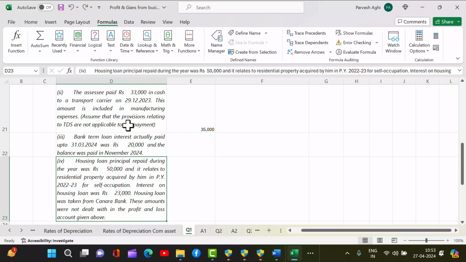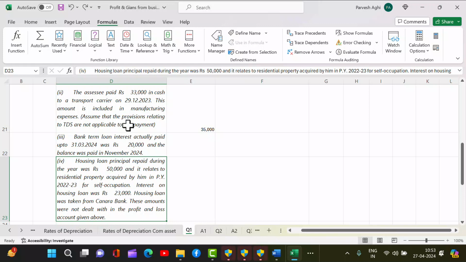Read this. Housing loan principal repaid during the year was rupees 50,000 and it relates to a residential property acquired by him in previous year 23 for self-occupation. Interest on housing loan was rupees 23,000. Housing loan was taken from Canara Bank. These amounts were not dealt with in the profit and loss account given below.